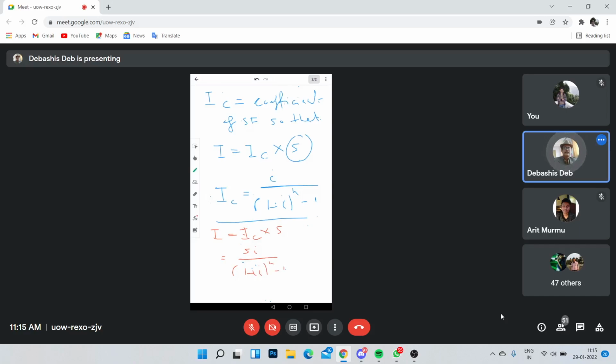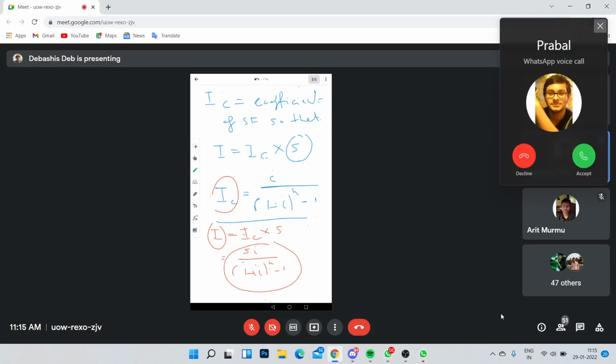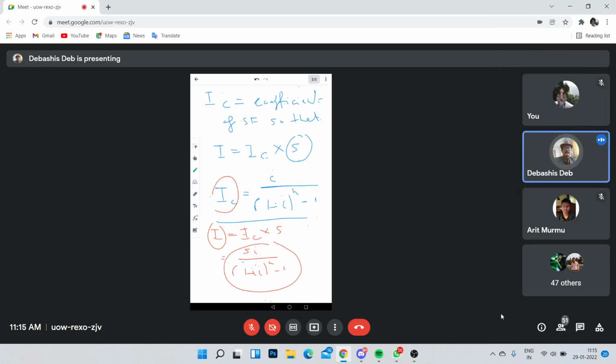These are the two formulas. I is the annual sinking fund installment, IC is the coefficient. So this is the formula I equal to S into i divided by (1 plus i) to the power n minus 1. So now one problem.